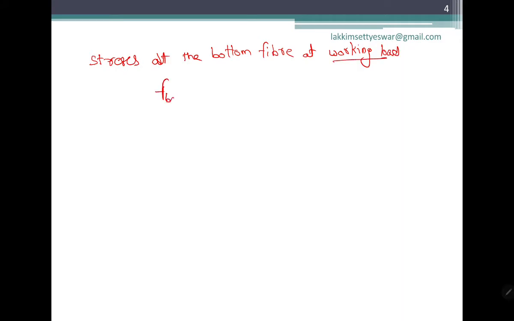So f bottom is equal to P by A plus Pe by Z minus M by Z. So this value is 5, this value is 5, this value is 10, which gives 0. f bottom is 0 tensile stress.